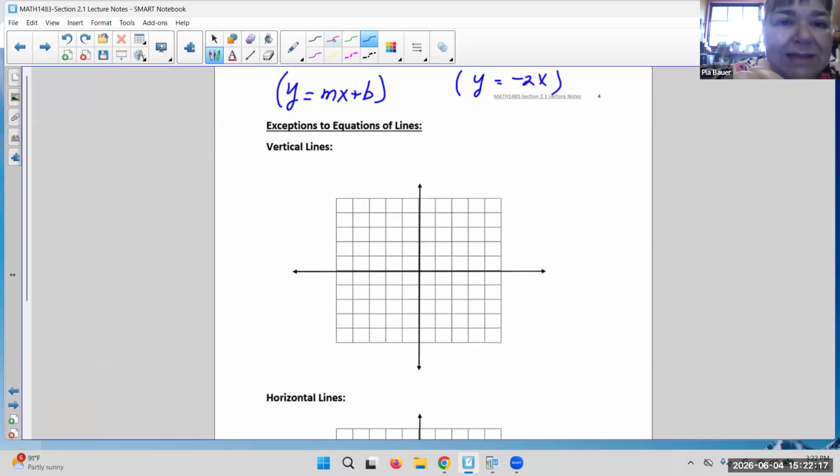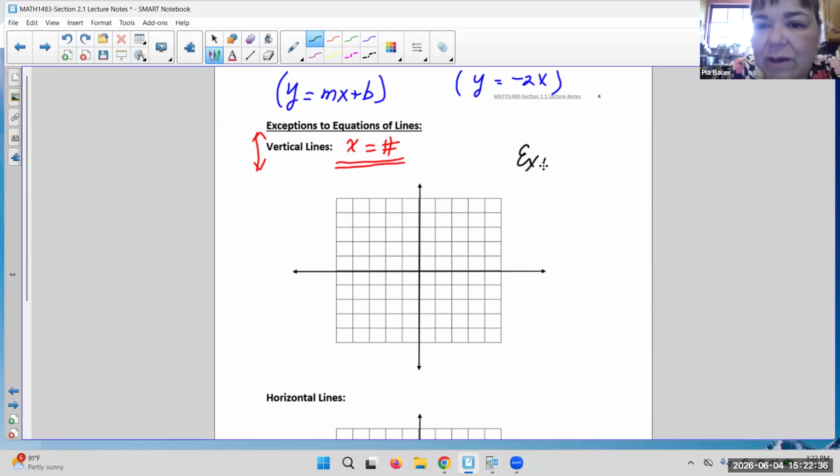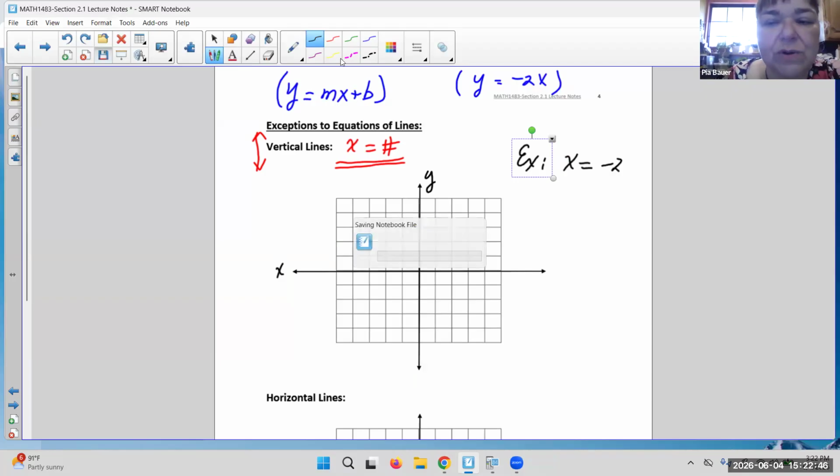So vertical means a line that goes straight down and up. And that is always x equals a number. And you have to have the x in order to be an equation. So an example would be something like x equals -2. So here is the x-axis, here's the y-axis. So I locate x equals -2, and it's right here.